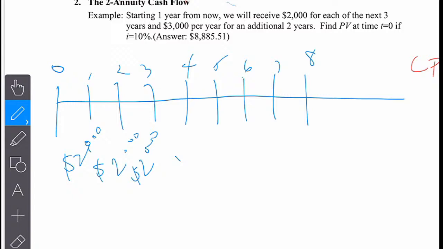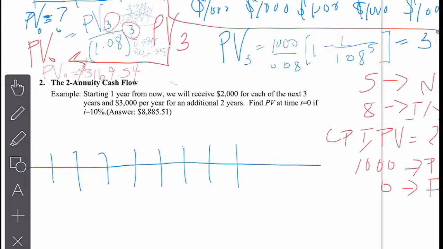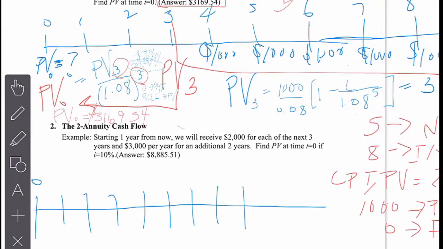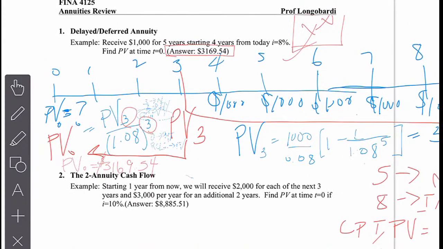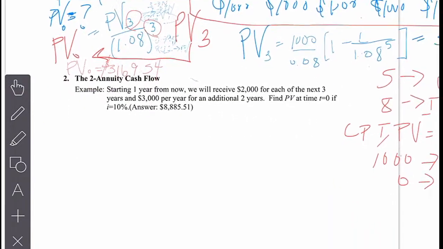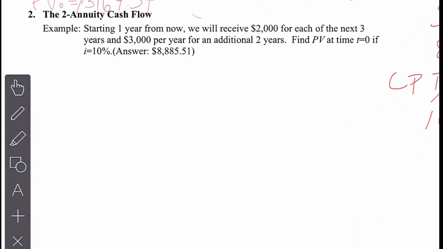Oh, I put way too many in here, didn't I? I have way too many years. Okay, let's do this again. I got carried away with my timeline. So I want 6.